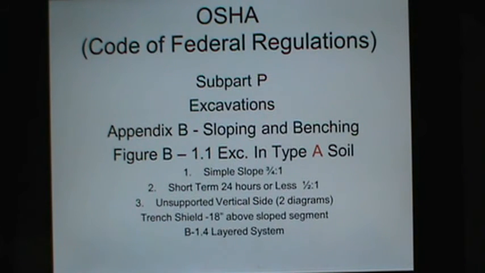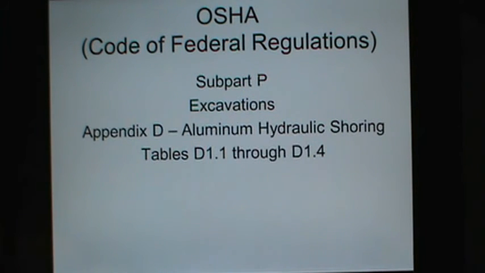One of the last things that we're going to address in subpart P is hydraulic shoring. So aluminum hydraulic shoring. This is probably going to be for the underground guys. And if you look, there's some tables. It's in appendix D of subpart P, table D1, tables 1.1 through 1.4.